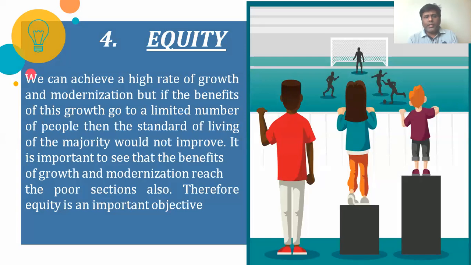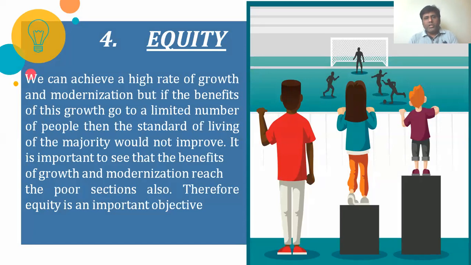Fourth is equity. Equity means the benefit of economic development should reach each and every section of society. Whatever economic planning is done, whatever economic objectives are achieved, whatever economic welfare is done by the government, that should reach the poor. Each and every person should have the benefit of economic development.